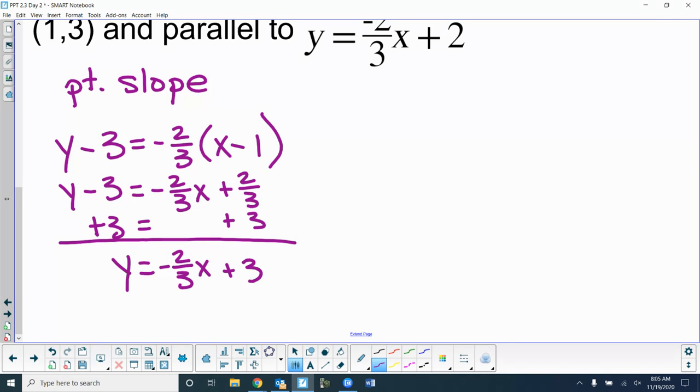Yeah, you can write it like that. That's fine with me. That would be 11/3 if you wanted to do that, or 3.6 repeating. Okay? So that's using point slope like we did yesterday.